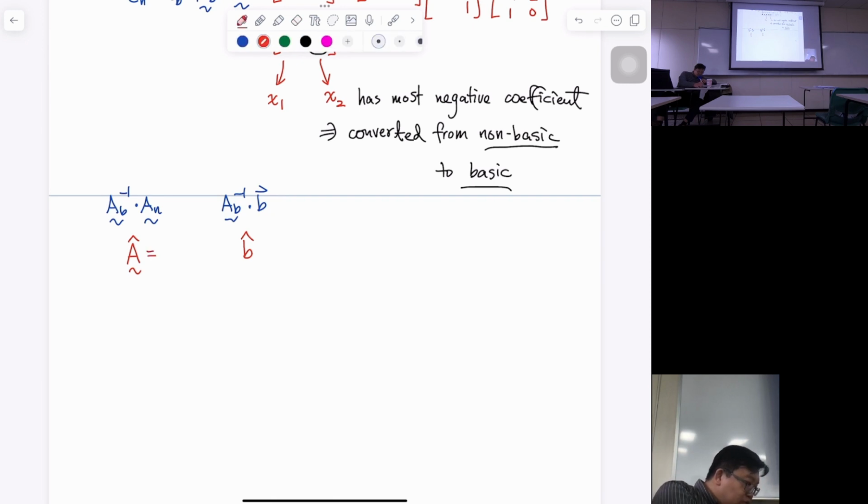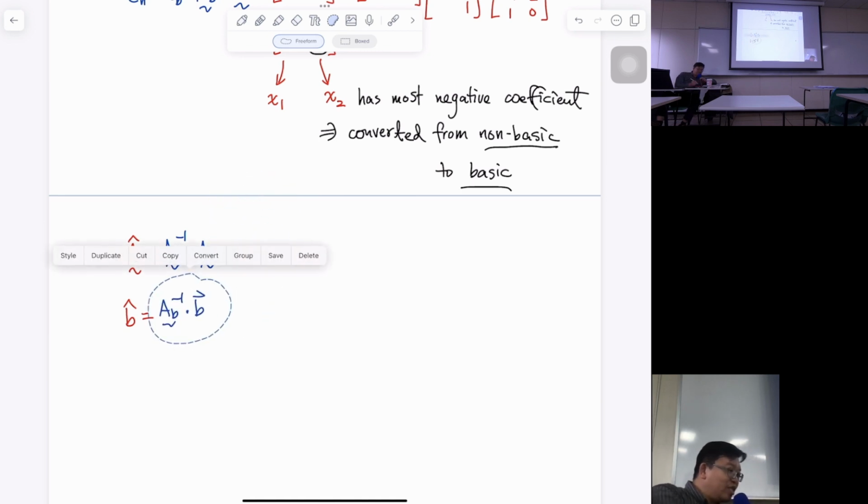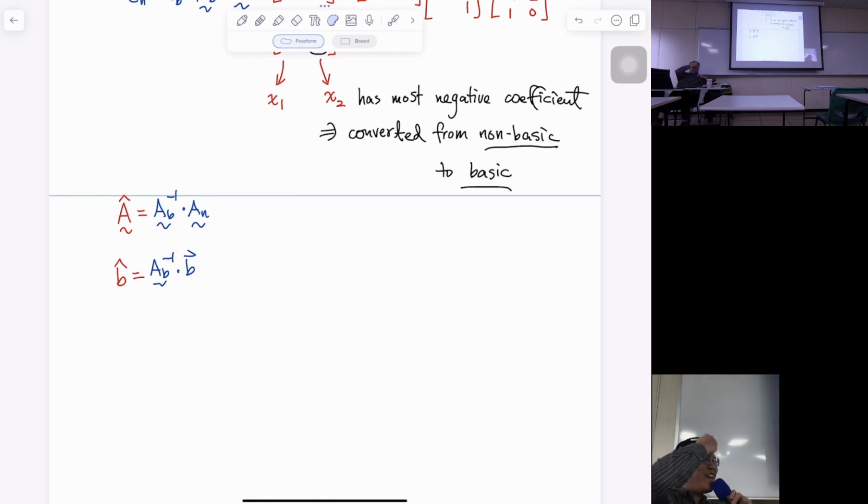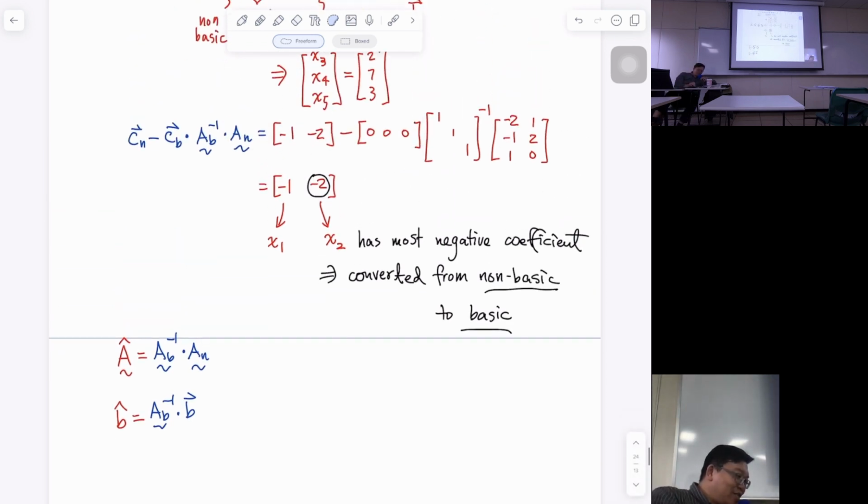And say this is equal, move around. Okay, we need these two. We need to know what is A hat, what is B hat. Okay? So my A hat at this point is going to be, I'm going to reuse this. Copy and paste.